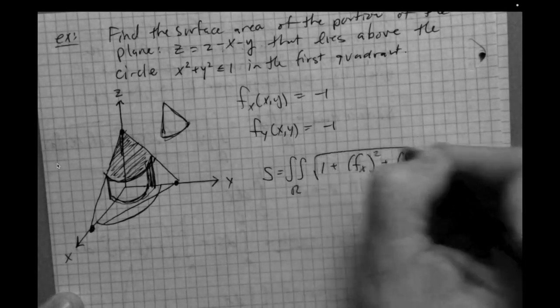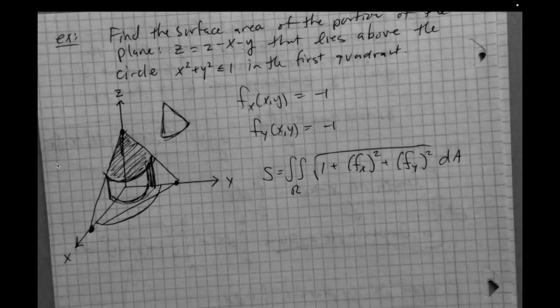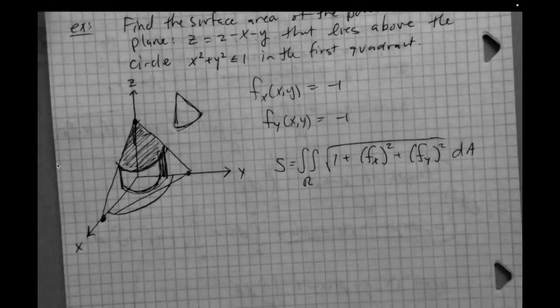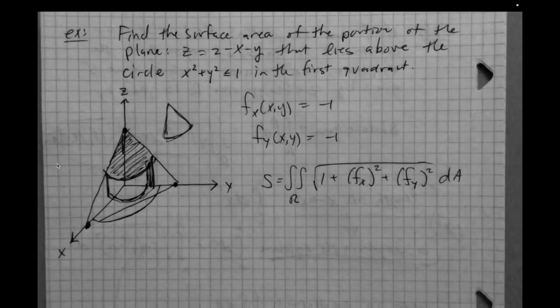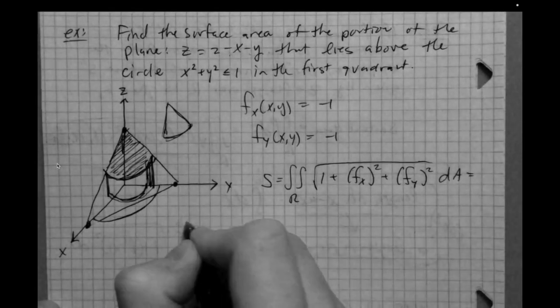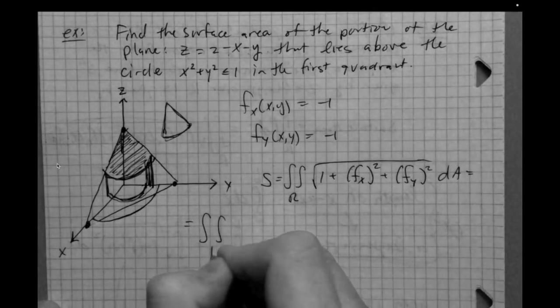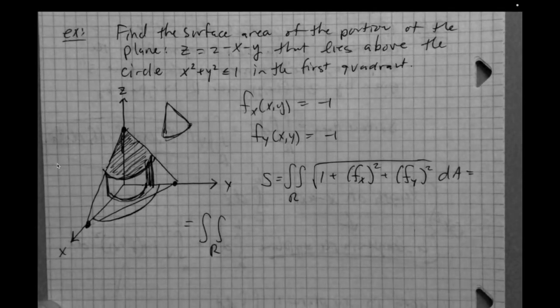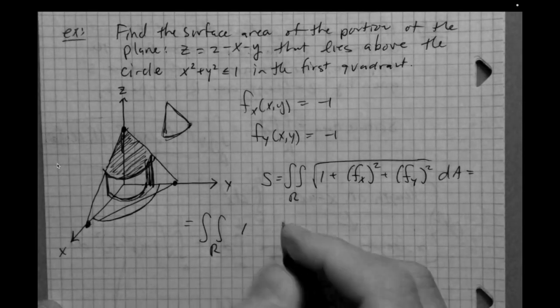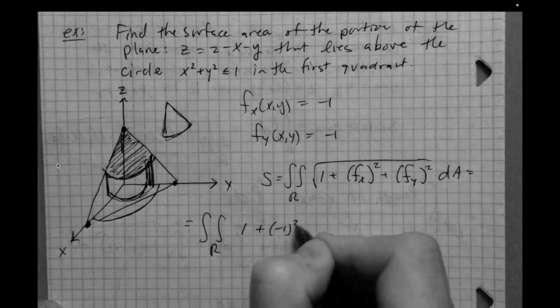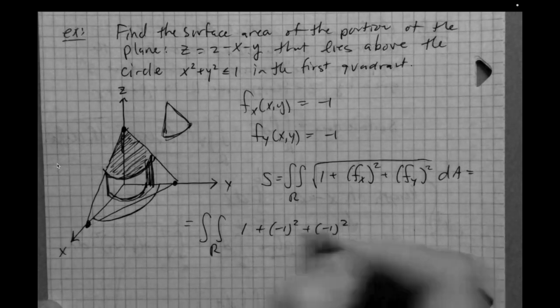I'll abbreviate this now, otherwise it gets redundant writing that whole formula out, but I do want to write it out so people know where things are coming from. I can leave the xy's out. In this case, this is just going to be equal to the square root of 1 plus (-1) squared plus (-1) squared.